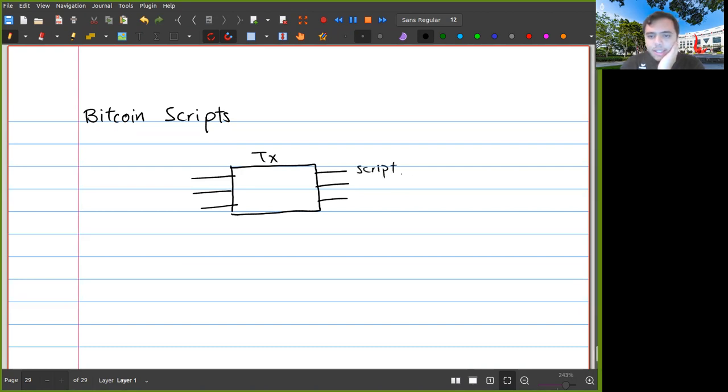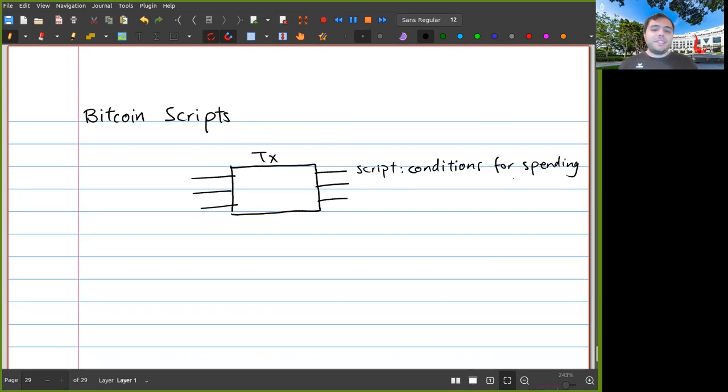And the idea is that the script that you put in this output is written in a very limited language called the Bitcoin scripting language. And it basically sets down the conditions for spending this particular output. Of course, the most common condition is that I want a signature from someone with this particular public key.